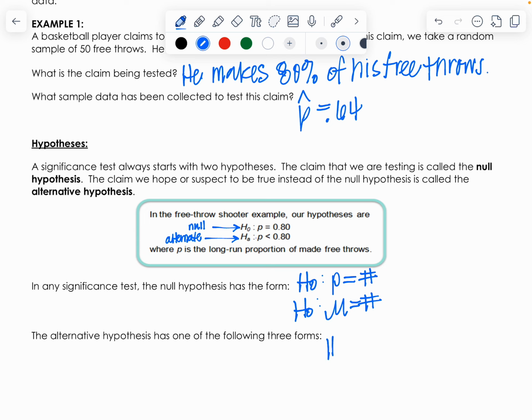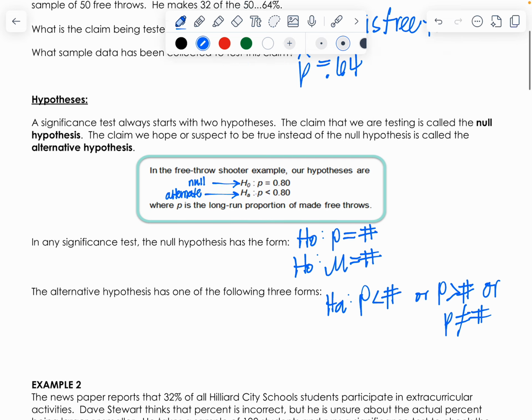Whereas the alternate takes on the form p is less than that same number, or p is greater than that same number, or p does not equal that number. You could do the same with mu. So we have three options for the alternate, only one for the null. The null is always equal.